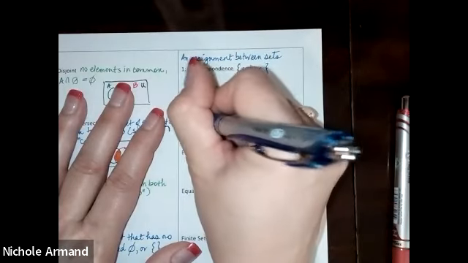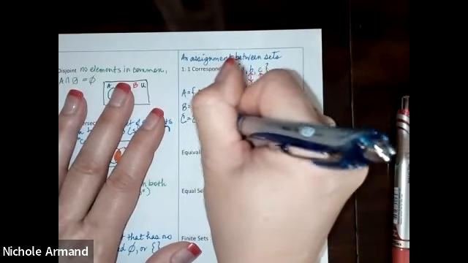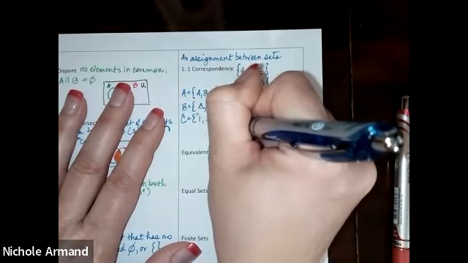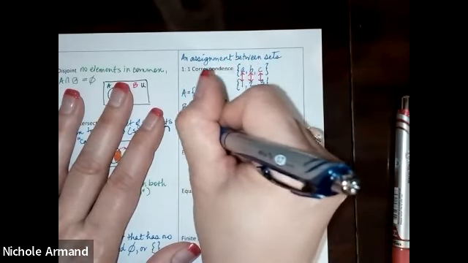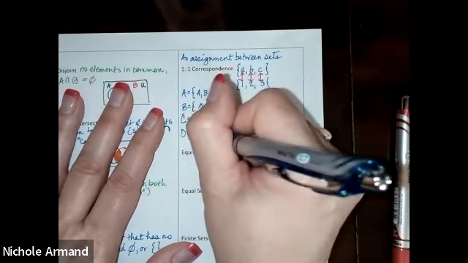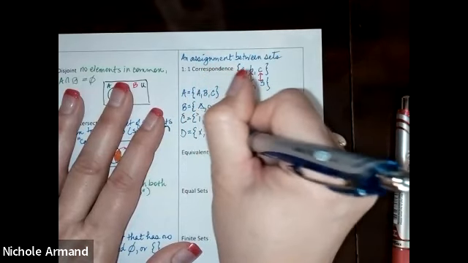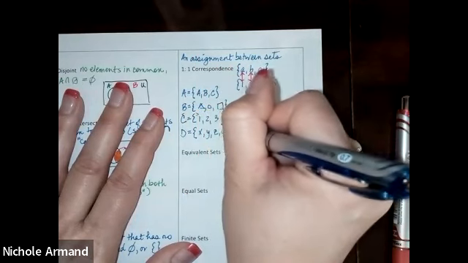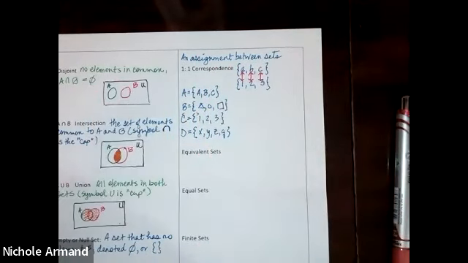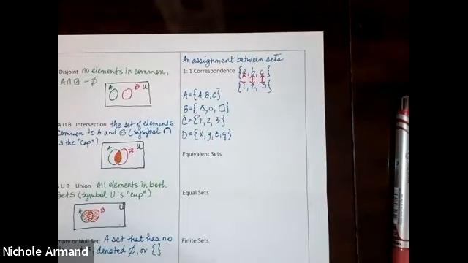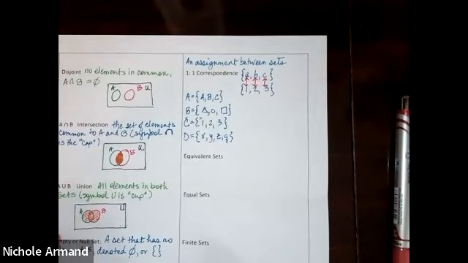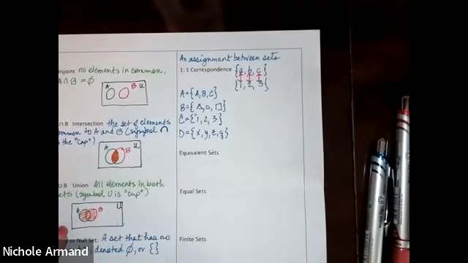Set C is 1, 2, 3. And set D is going to be X, Y, Z, Q. So each of these sets could have a one-to-one correspondence with the other sets except for set D.